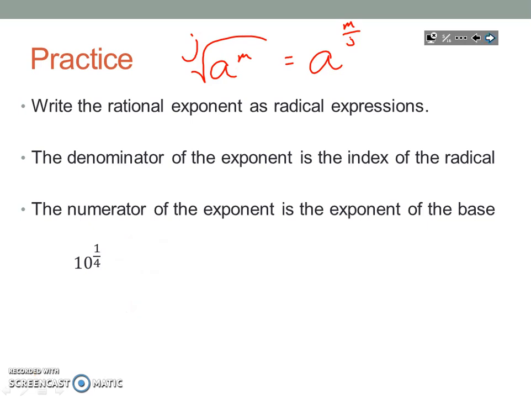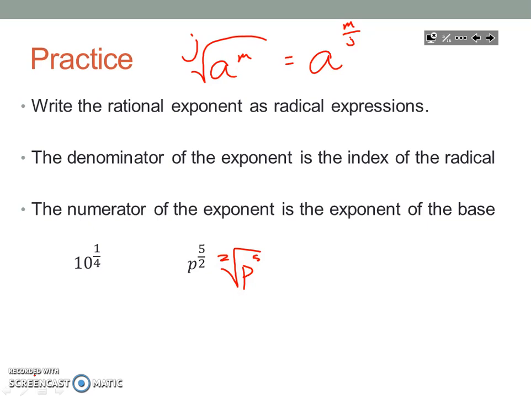Next, I've got p to the 5/2 power. So again, 2 is on the bottom, 2 is in the j spot. So that's going to be the 2nd root of p to the 5th power. Now, I do have one question. Have you guys ever seen a 2nd root out there? Probably not. You shouldn't have.